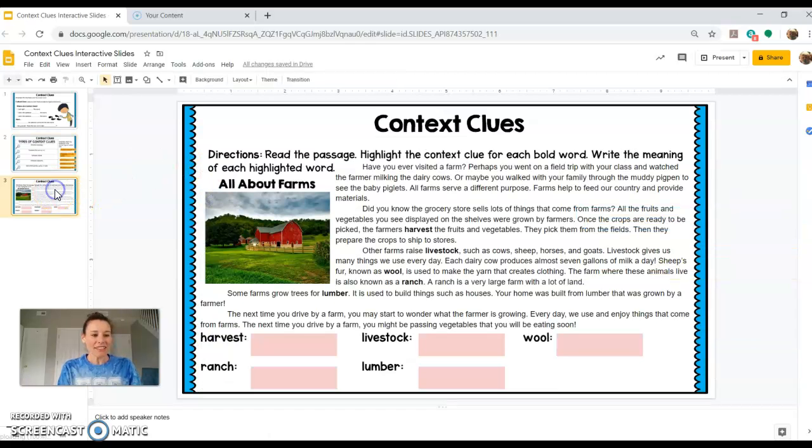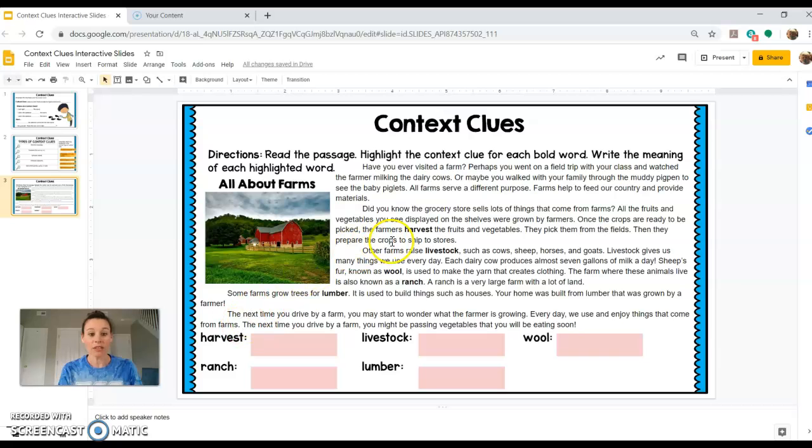And then the last thing you're doing is coming over to the 3rd slide, where you're reading the passage. You're going to highlight the context clue for each bold word. Then you're going to write the meaning of each highlighted word. For example, we have the word harvest.